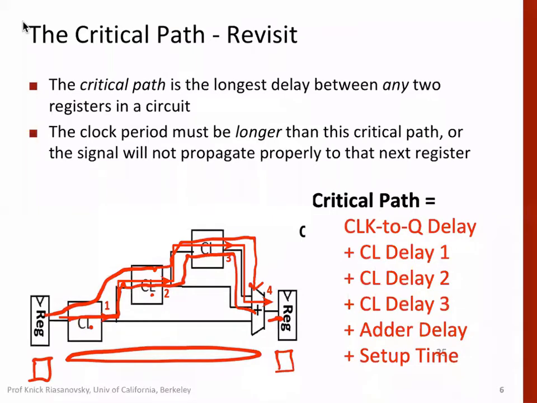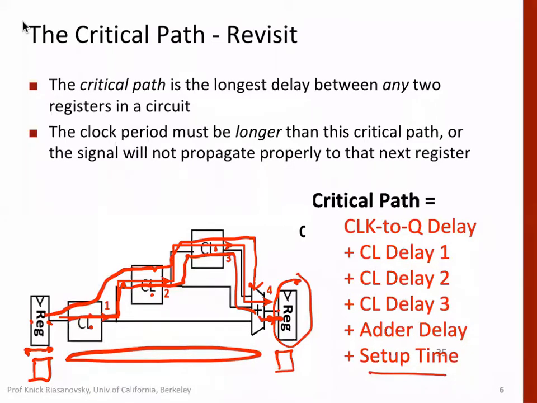So the critical path delay will be the clock-to-Q delay, for this register to work properly. What we need to add is the time from the leading edge of the clock until the signal becomes available, plus this delay, plus this delay, plus the adder delay, and then the setup time for this register.